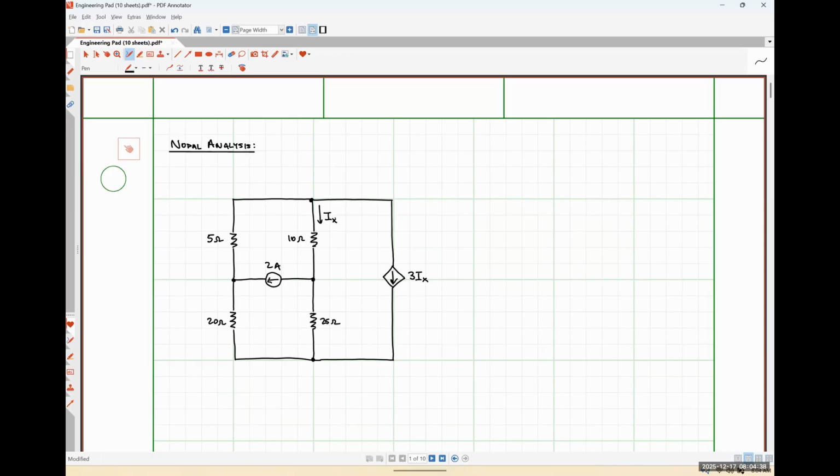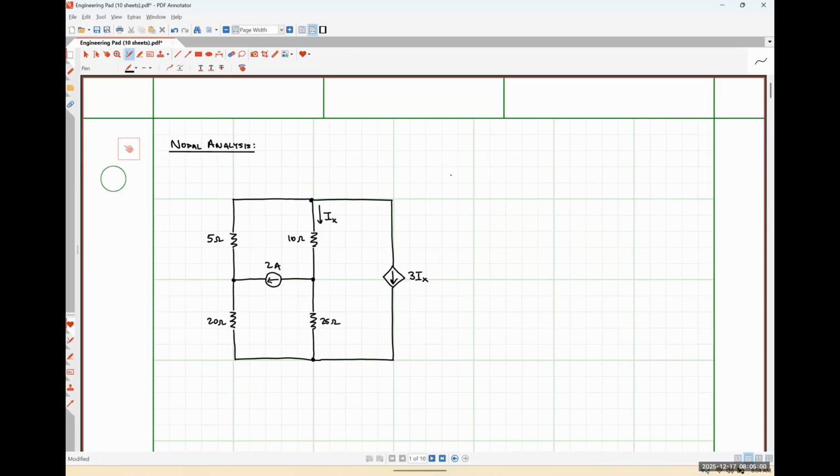Okay. There are no simplifications that we can make because there are no resistors that are connected in series or in parallel. There are no sources that are connected in parallel. So we just have this gross looking thing. So this is how we're going to start nodal analysis.